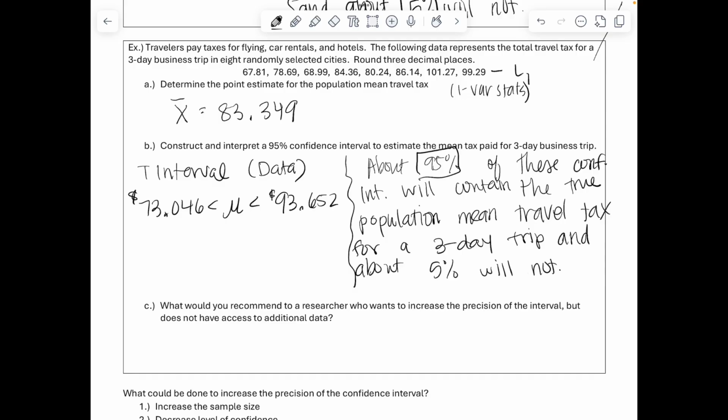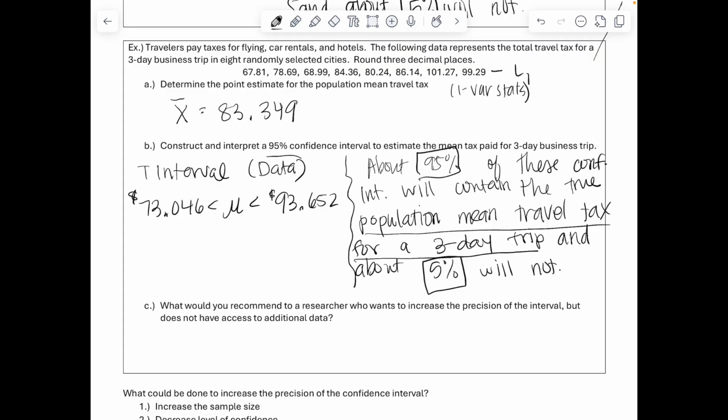Again, we are dealing with the 95% up here because that is our confidence, and 5% is that leftover part. And then we also need to discuss what it is that we are dealing with for this problem, which is the mean travel tax for a 3-day business trip.